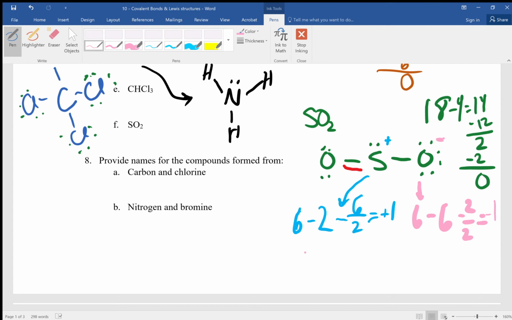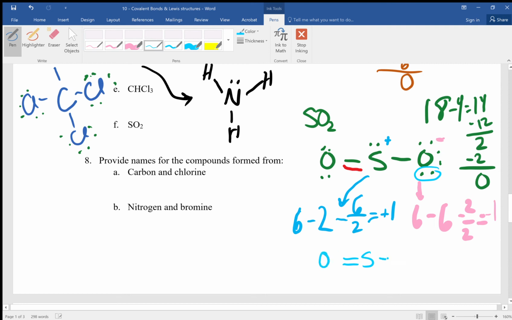And the way that we can do that here is by taking another lone pair on oxygen and making it into a double bond as well. Giving us that. Now, if you go through and recalculate the formal charge for the sulfur in both oxygens, you'll find that now both of them are 0.